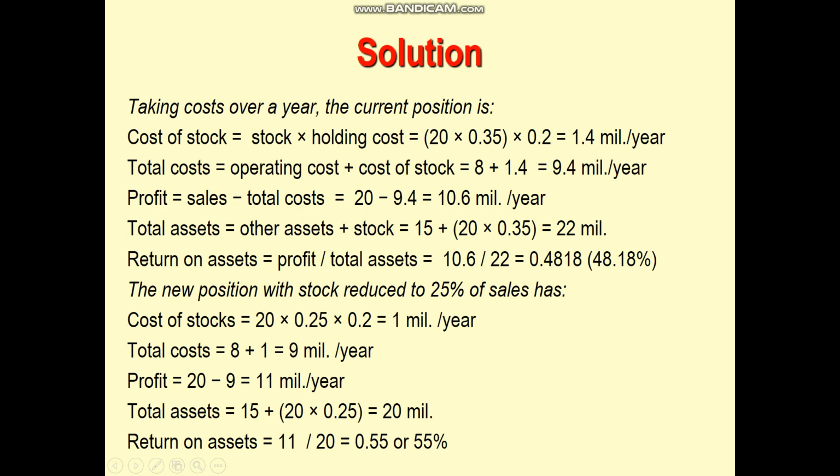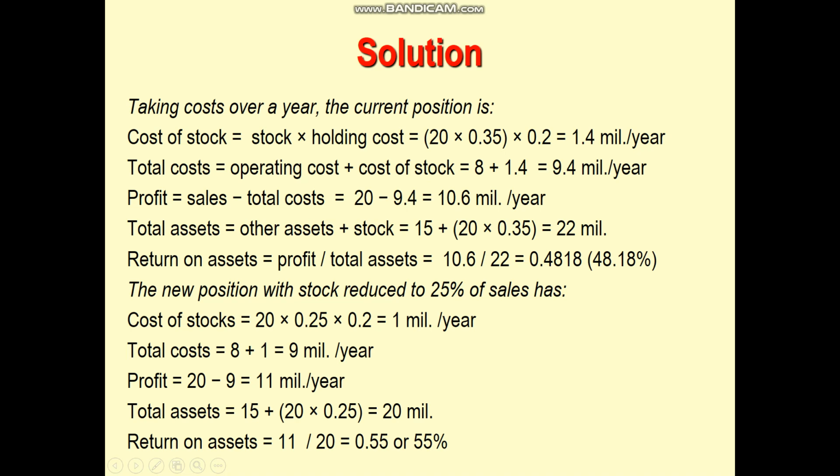So we also have the holding cost of the stock, that is 25% of sale times the holding cost per stock. So we have 1 million, and the total cost is equal to the holding cost plus the operating cost. And we calculate the profit is equal to the sale minus the total cost. We have 11 million per year.